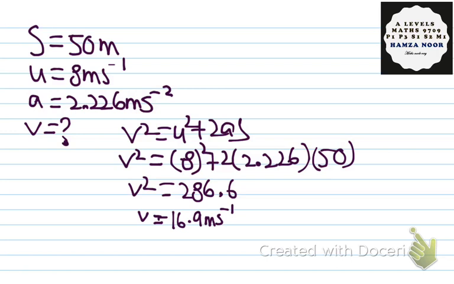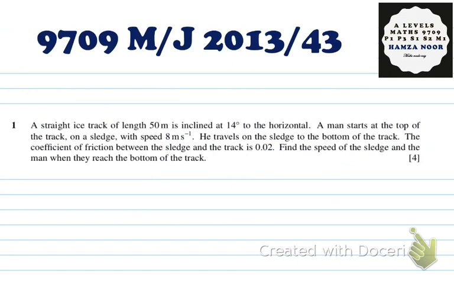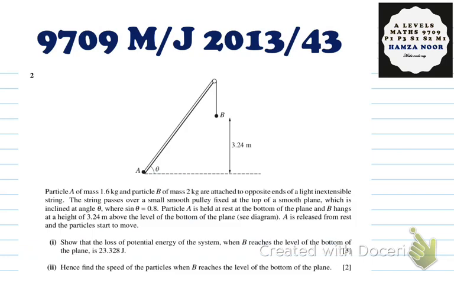So this is the speed of the sledge and the man when they reach the bottom of the track.